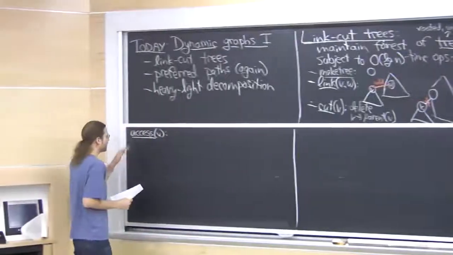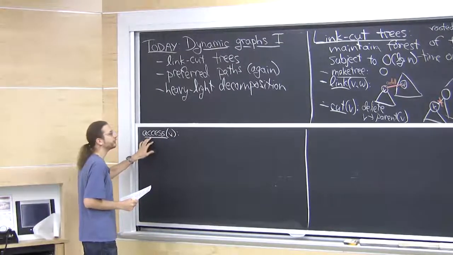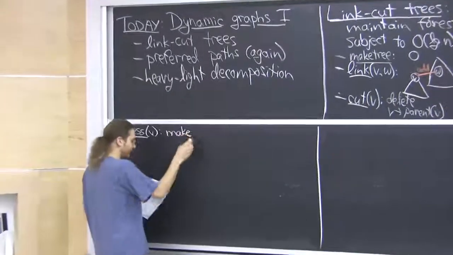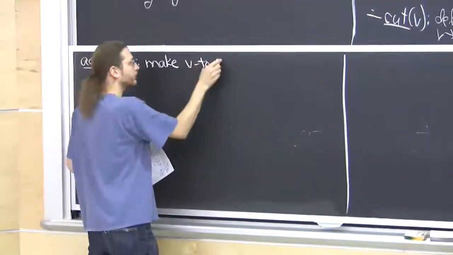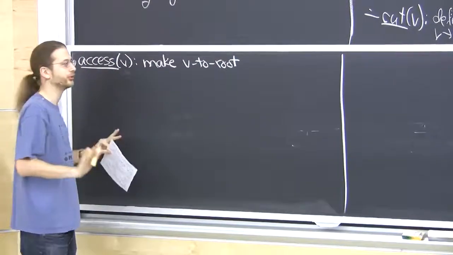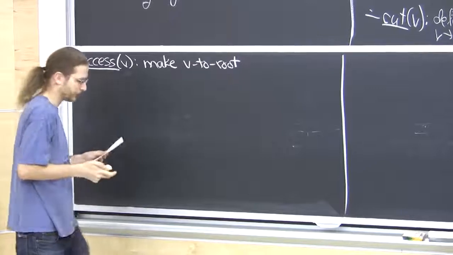Okay. So to do an access, access is going to do two things. The other thing is going to make our life easy. You'll see once we've defined access, all operations become trivial. So it's going to be a really cool helper function.